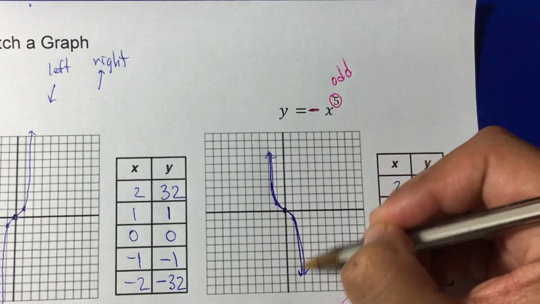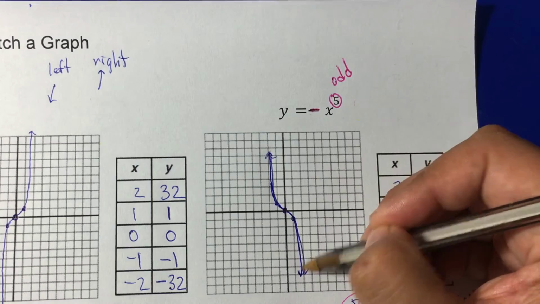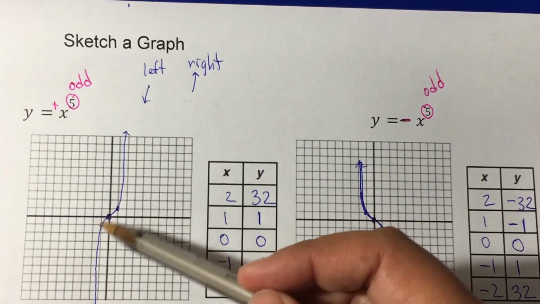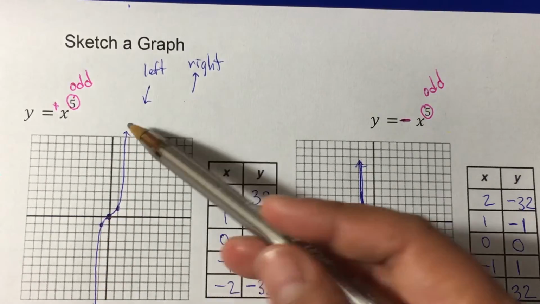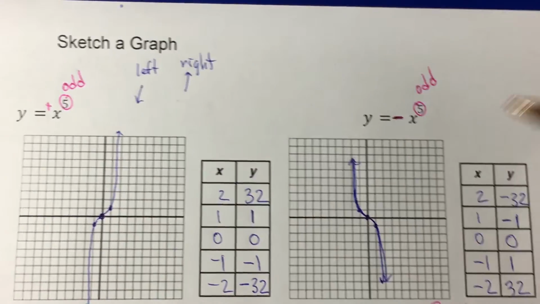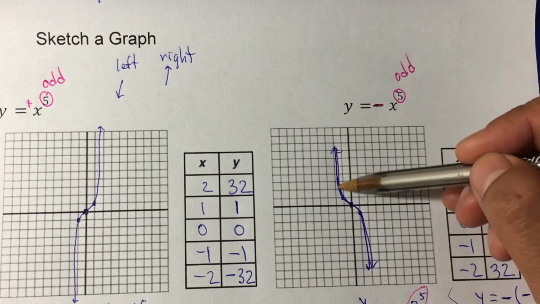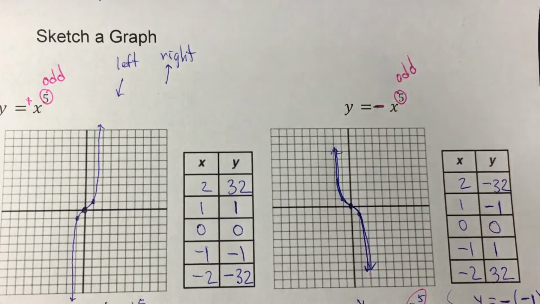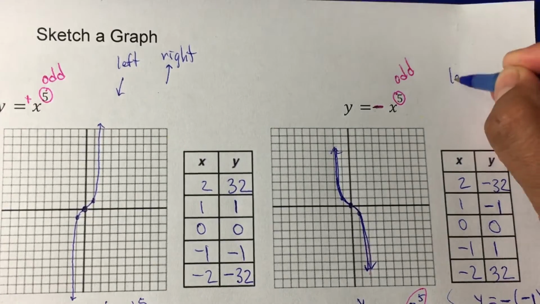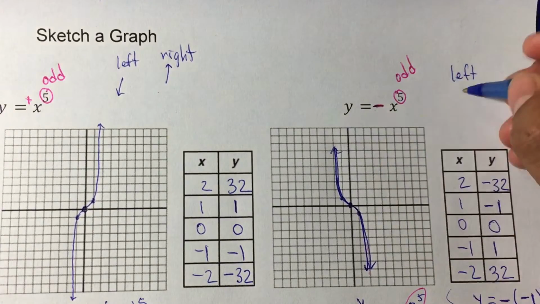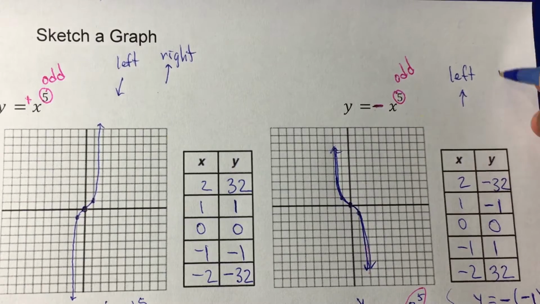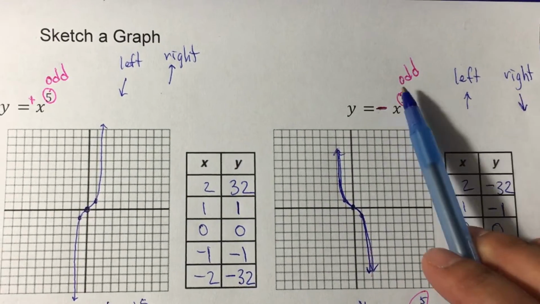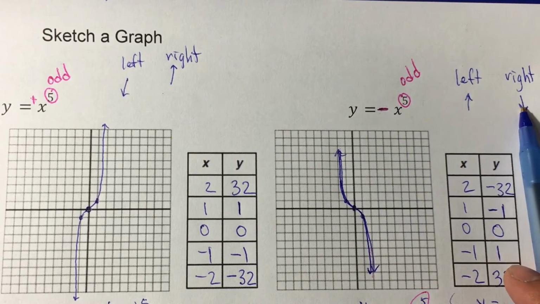If you can see that relationship, if it's positive, positive slope. Between any 2 points in this graph, you will have a positive slope. Negative slope, negative. And so that means that on the left, it's pointing up. On the right, it's pointing down. Okay, odd, one up and one down.